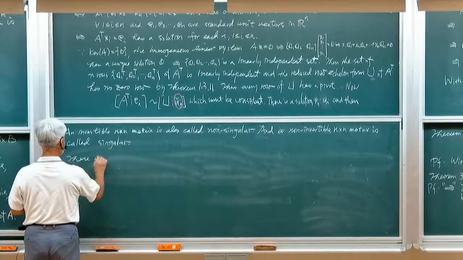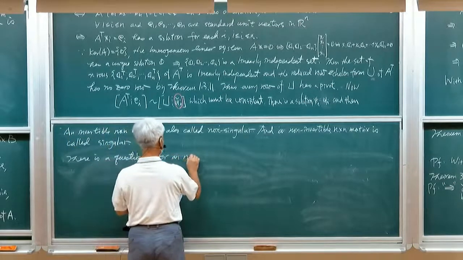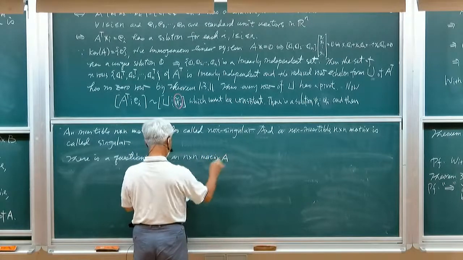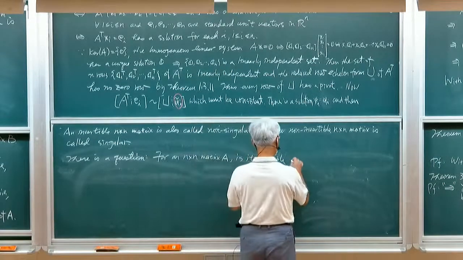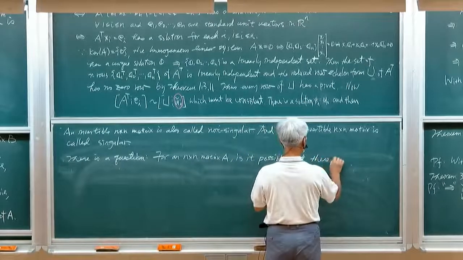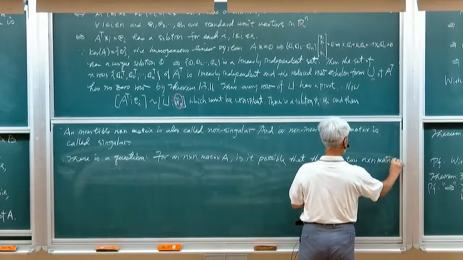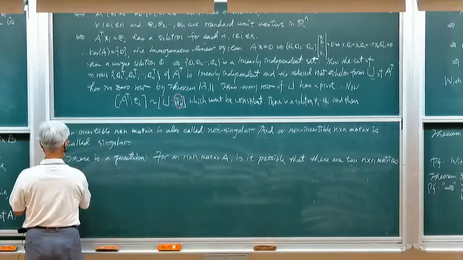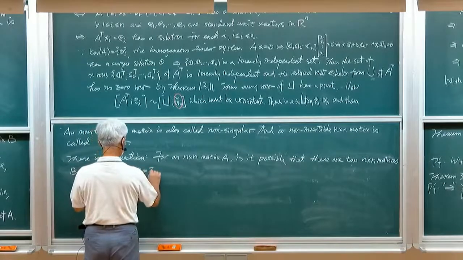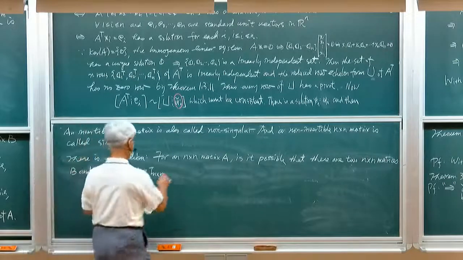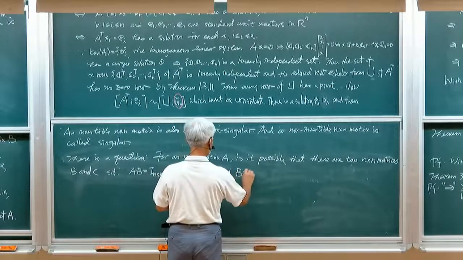So there is a question. Now for an n times n matrix A, is it possible that there are two n times n matrices B and C such that AB equal to the identity, so B is a right inverse of A, CA equal to the identity, so C is a left inverse of A, and B not equal to C?